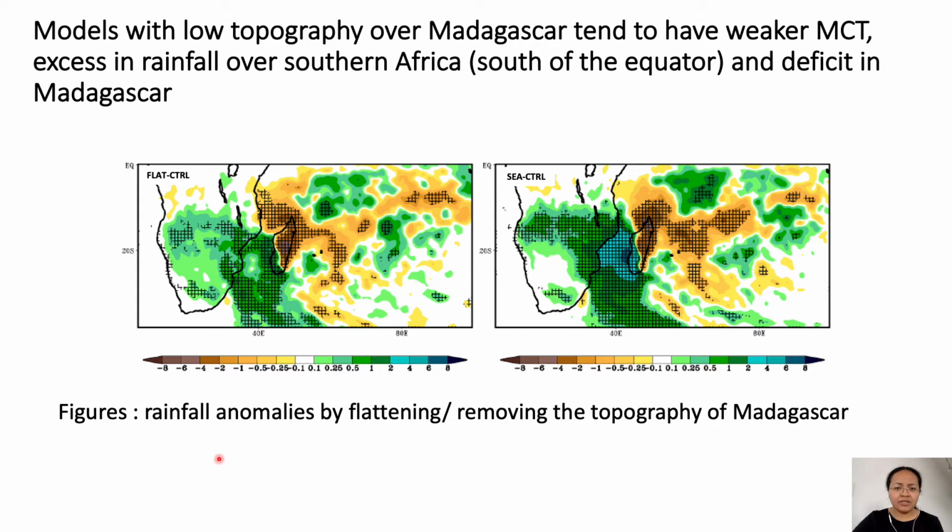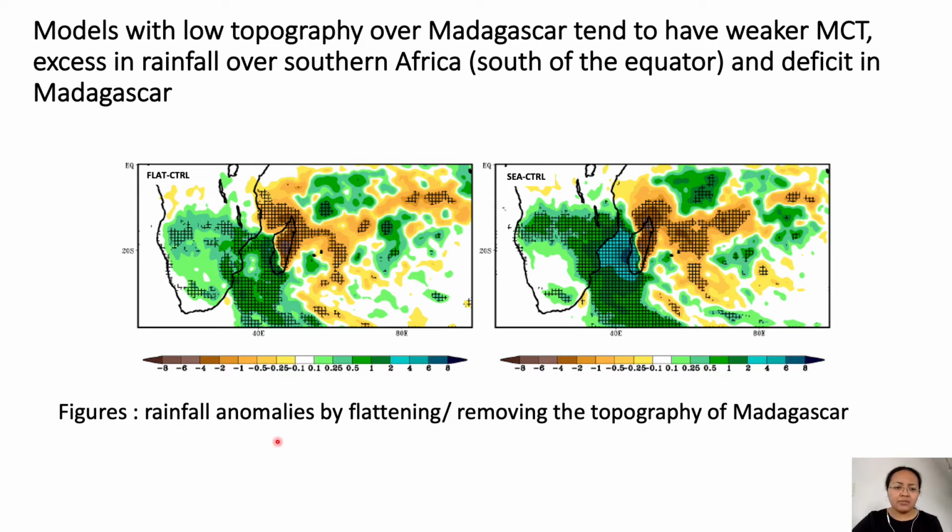And the mechanism is that the MCT tends to bring back the moisture in the Mozambique channel into the eastern part of the channel rather than bringing the moisture directly into Southern Africa.